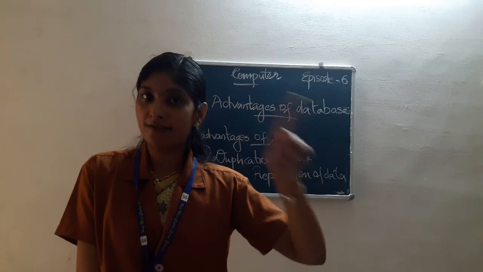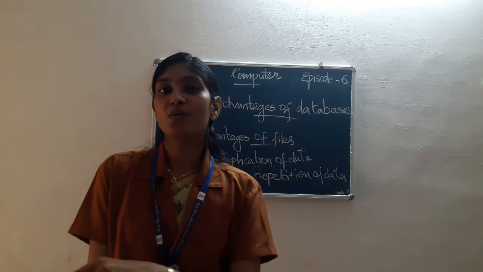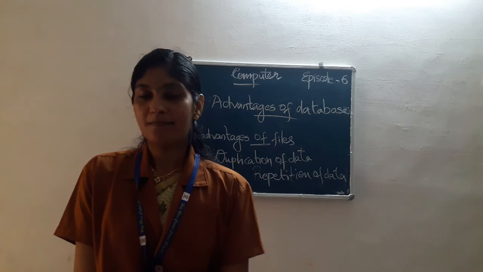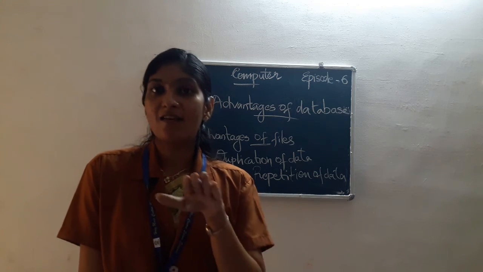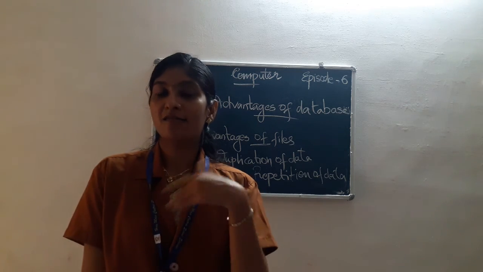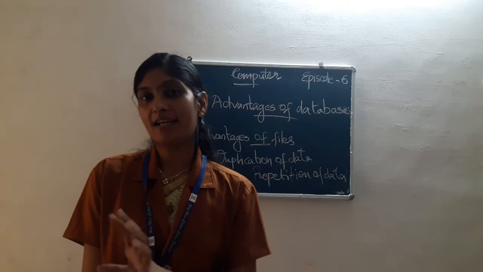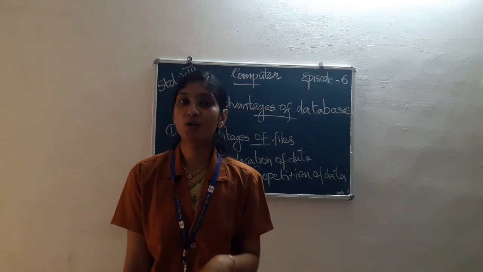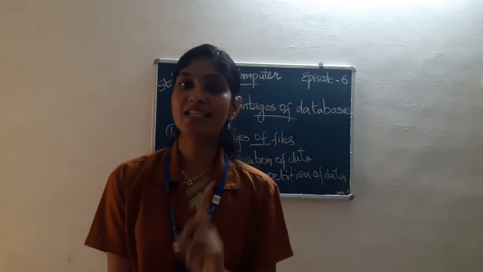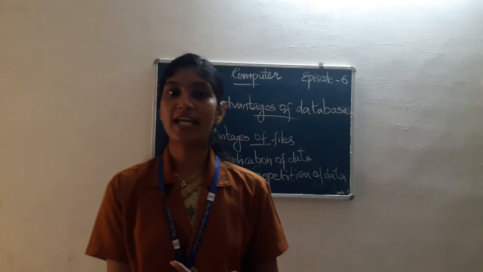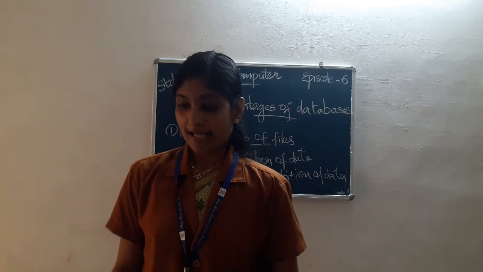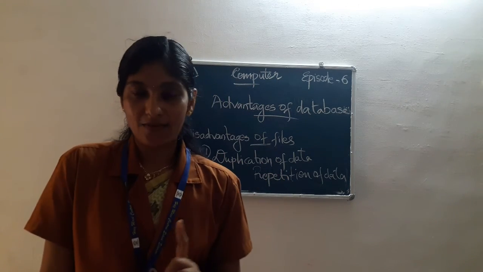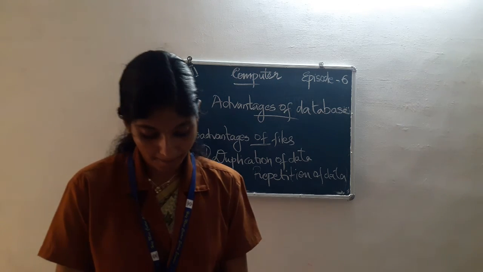When we change the first page, we also have to go to the last page and change it. That means we have to change more than one page in the file. That is the first disadvantage, duplication of data.